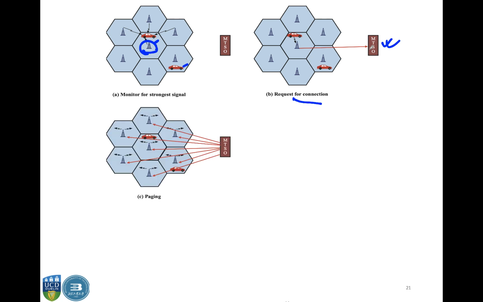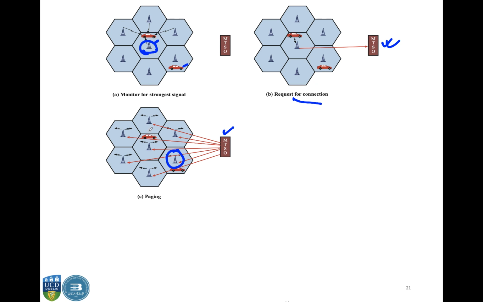Then after receiving the request for connection, the MTSO will send paging signals to all the base stations that are served by the MTSO. So in a geographical area, there will be multiple base stations that are served by one MTSO. So the MTSO will send paging signals to all the base stations. Okay, and the purpose for sending this paging signal is to find out the destination base station where your call will be terminated.